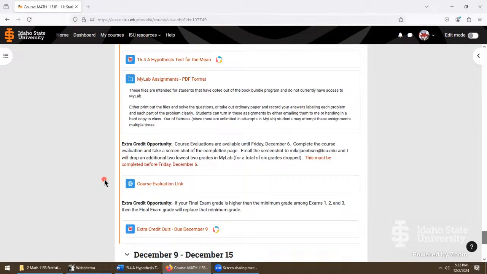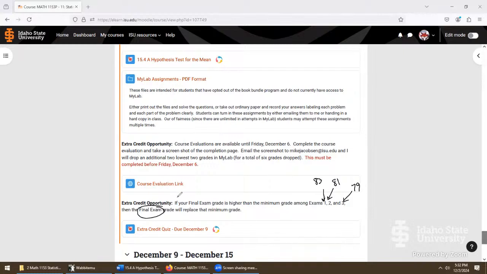So if our final grade is higher than our exam 2, then it would just replace that grade? Only the minimum. Let's say for a really quick example, exam 1 came out to 83, exam 2 came out to 81, and exam 3 came out to 79.